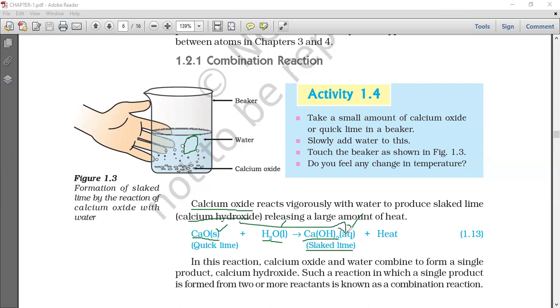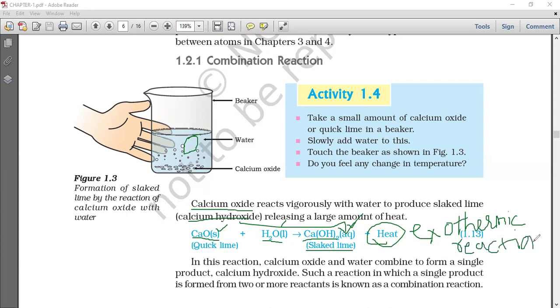Calcium hydroxide plus heat is produced. That is the reason it is an exothermic reaction. Thermal means heat.